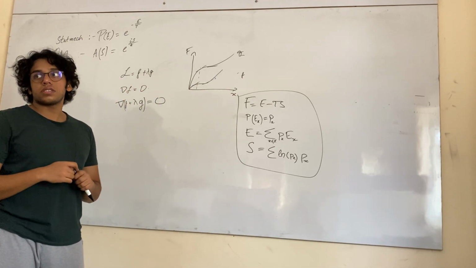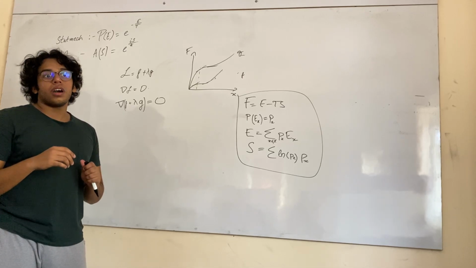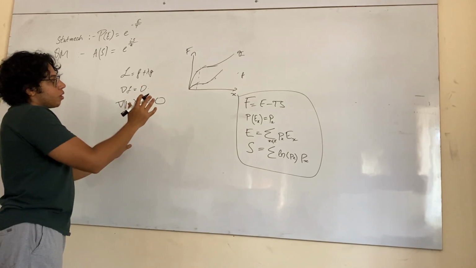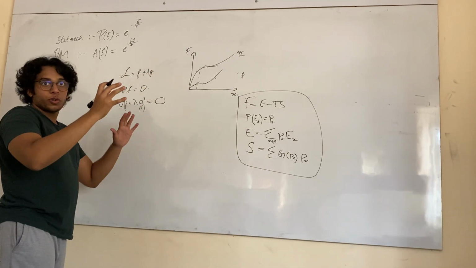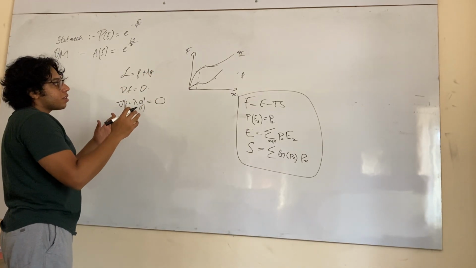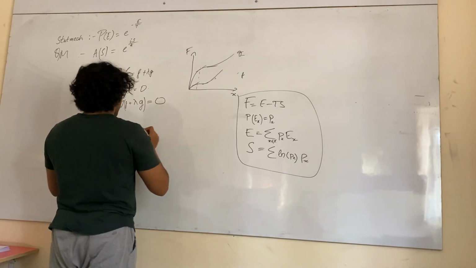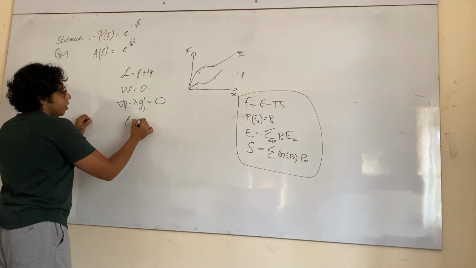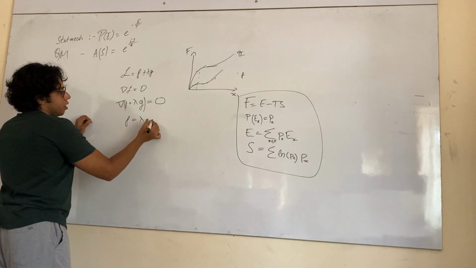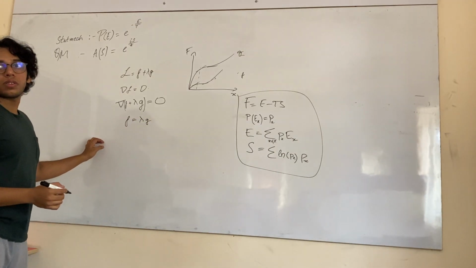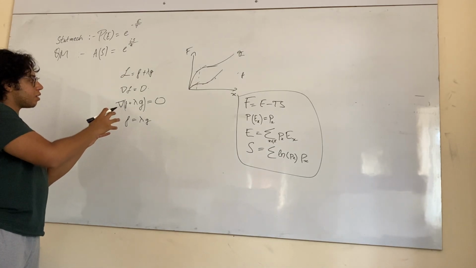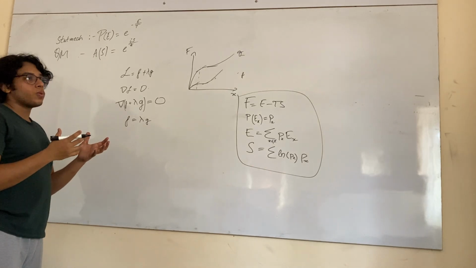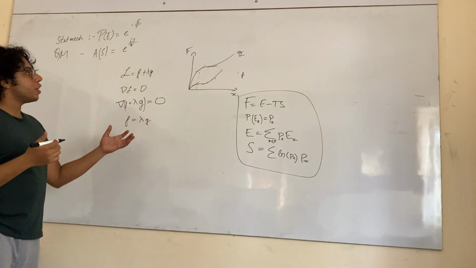So given this idea, you have your whole solution represented in such a way that once you do this, you have f is equal to lambda g. So you have this equality to bring in the variation.